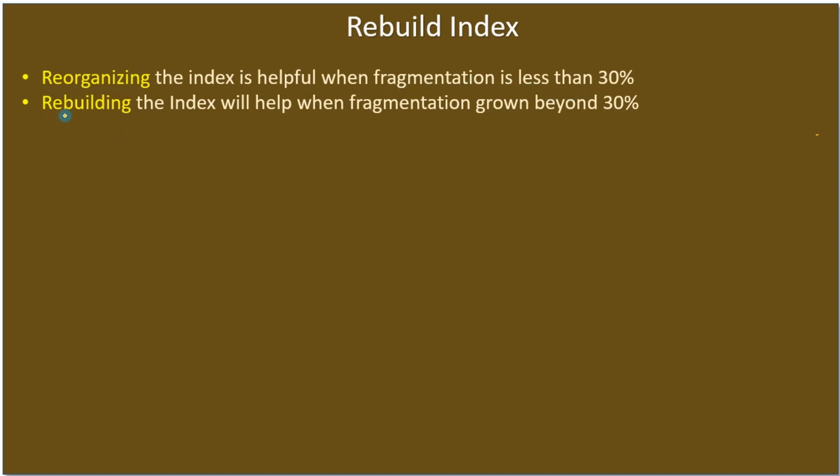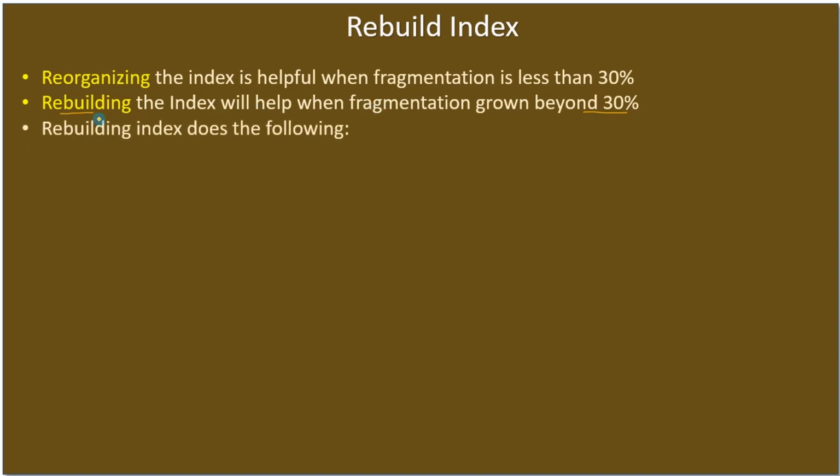So in those cases, you can check the result of reorganizing, and if you are not satisfied, you can go with rebuilding the index. Rebuilding the index will help when fragmentation has grown beyond 30% or reorganizing is not helping. So during that time also you can go ahead with the rebuilding.